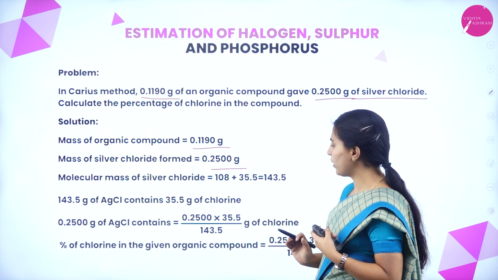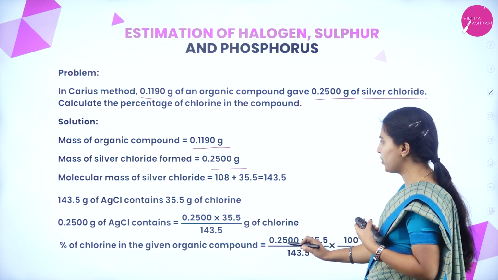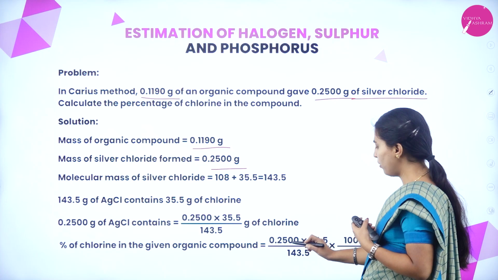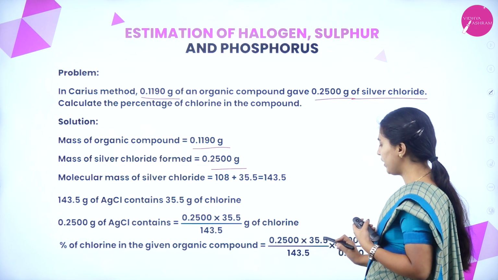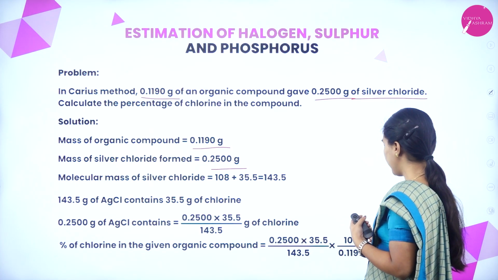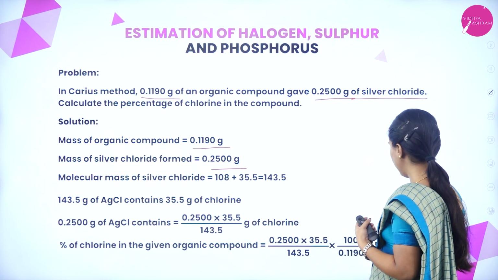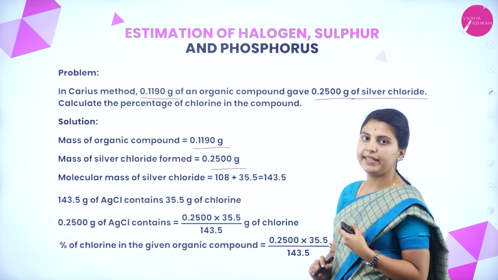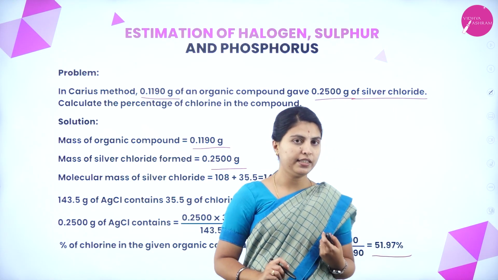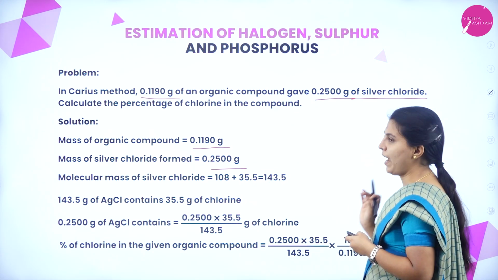So for the percentage of chlorine in the given compound, this chlorine divided by the overall given organic compound, into 100, we'll get 51.97%.